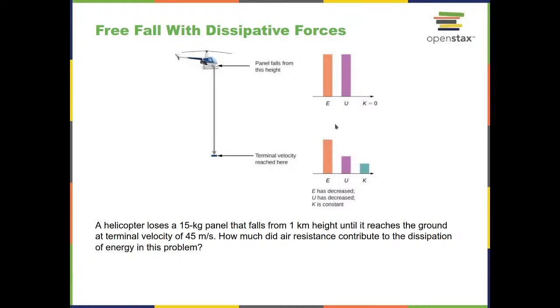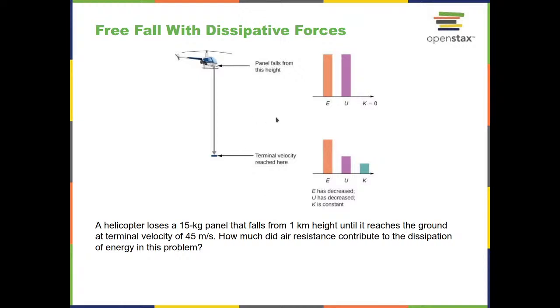Now we want to take these diagrams and turn them into a more universally applicable way of thinking about these problems. To do that, we're going to introduce so-called potential energy diagrams.